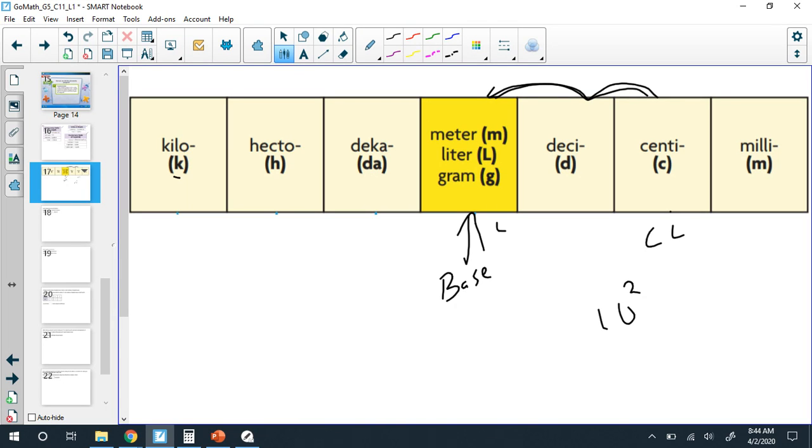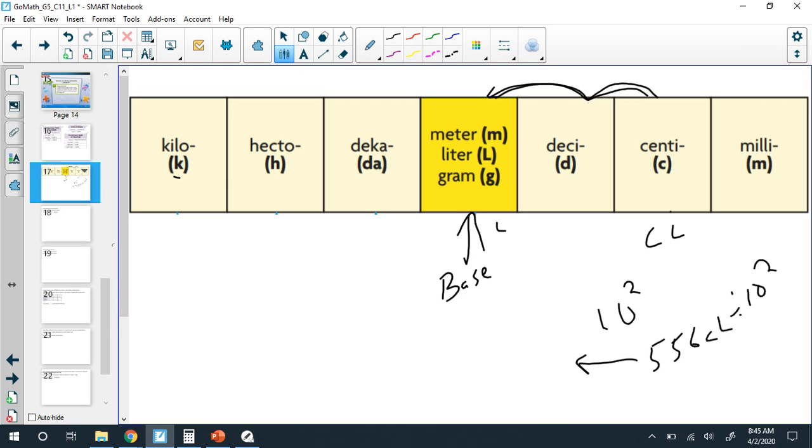So, for example, if we had 556 centiliters and we wanted to change that to liters, just like with our other units, our customary units, if we are going from a small unit to a large unit, then we need to divide. Here in the metric system, we're going to divide by 10 to the power of 2.